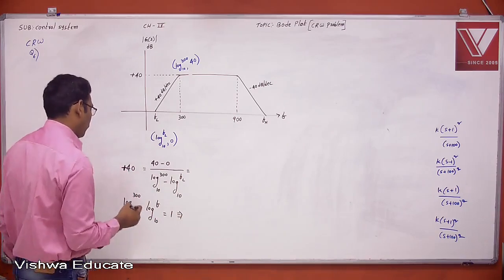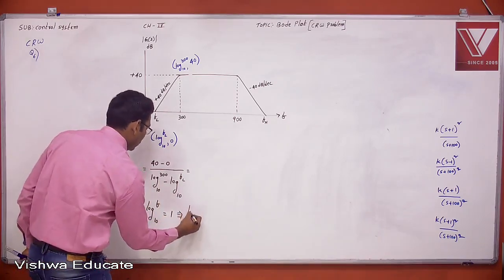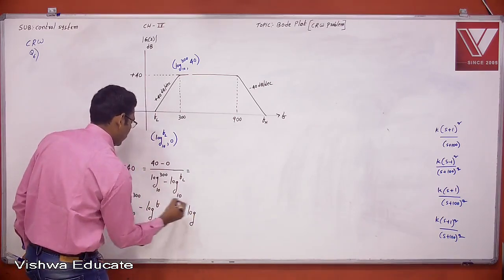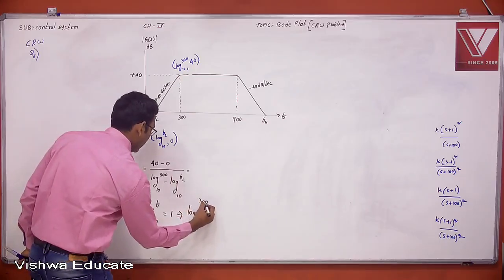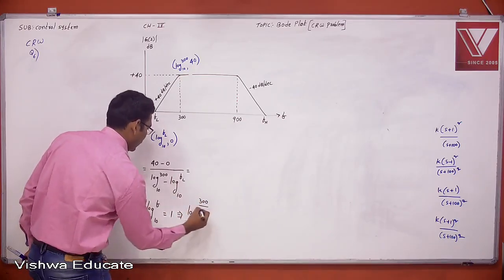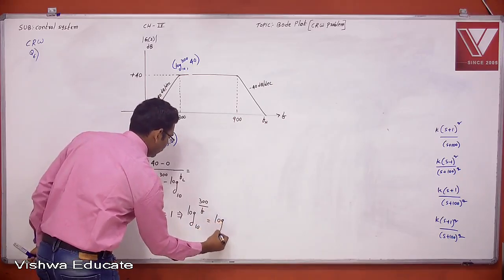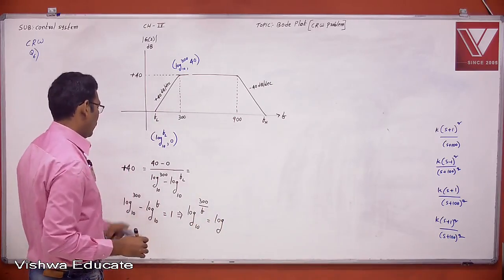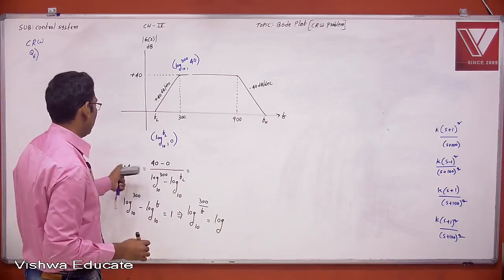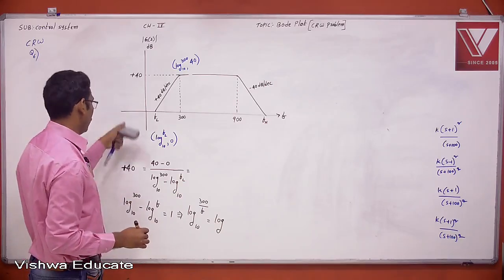Therefore log 300 by FL, which is equal to, this 40 cancel, which is equal to 1.